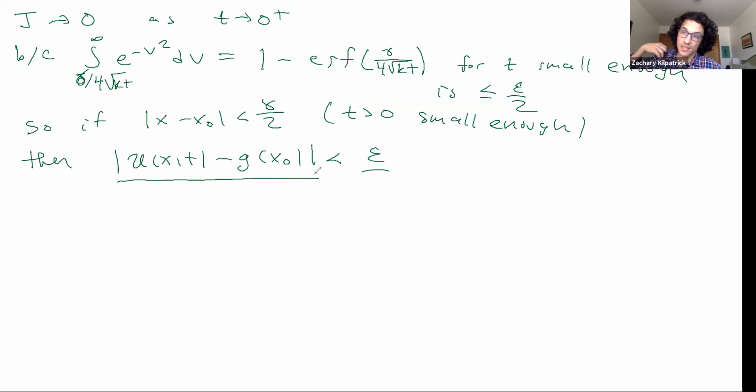So that's the same as saying that u of x,t limits to g of x0 as long as I'm taking t close enough to 0 and x close enough to x0. Okay, so that's property 3.